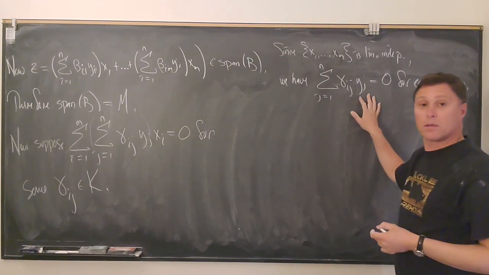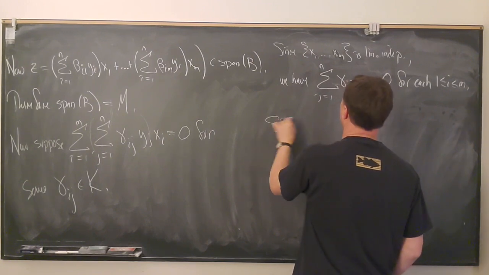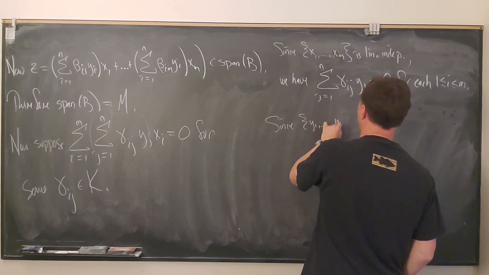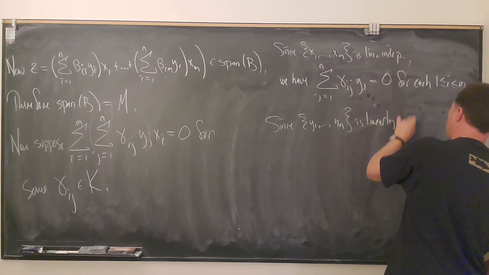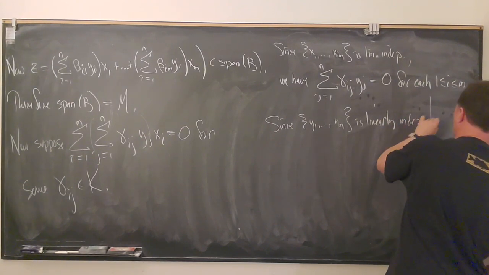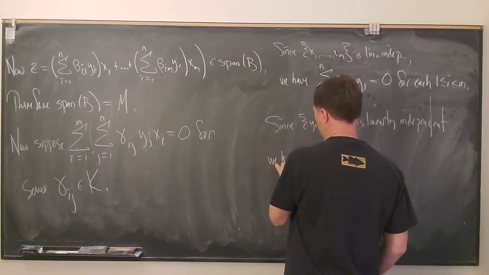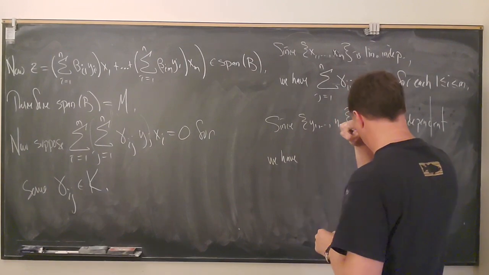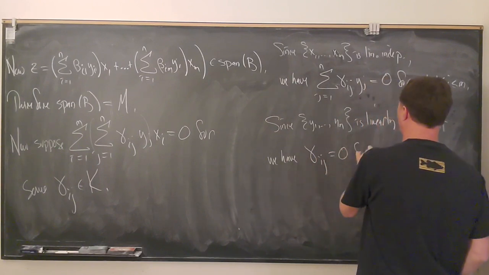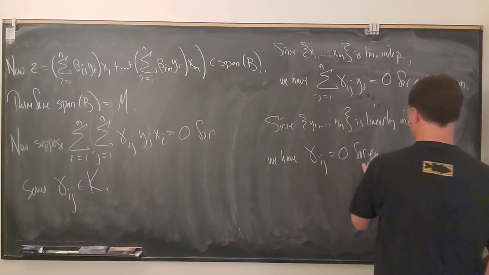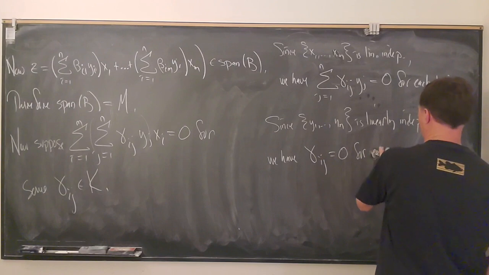But the y's form a basis. Since y_1 up through y_n is linearly independent, we have gamma_ij equals 0 for each j.